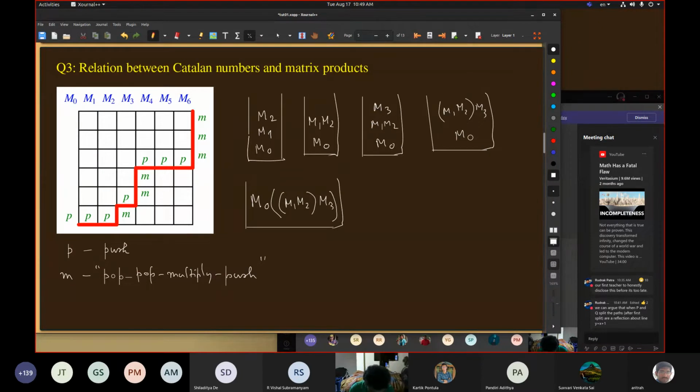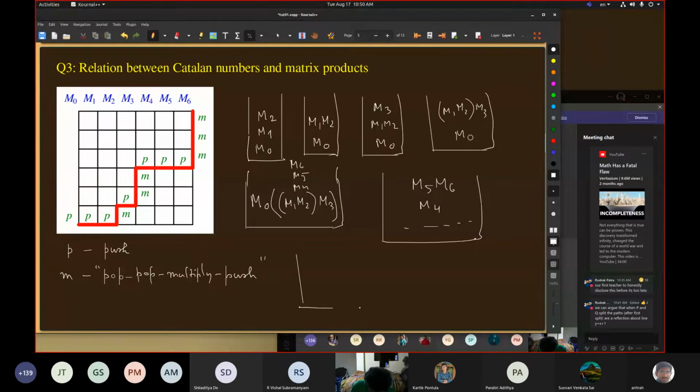Okay. Then there are three horizontal movements. M4, M5, M6, they will be one by one pushed to the top of the stack. So it will be M6, M5, M4 after these horizontal movements. And then there is again a product business. This big thing will stay, M4 M5 M6 after the first.